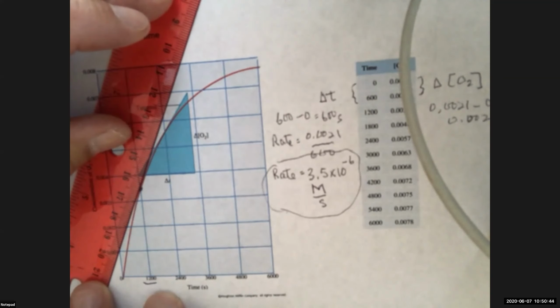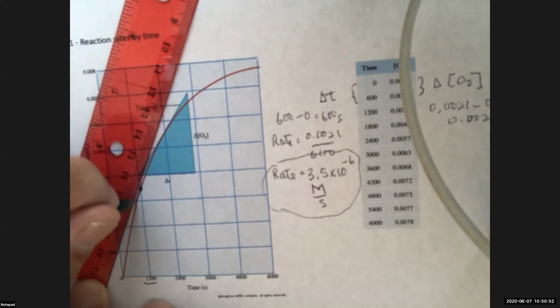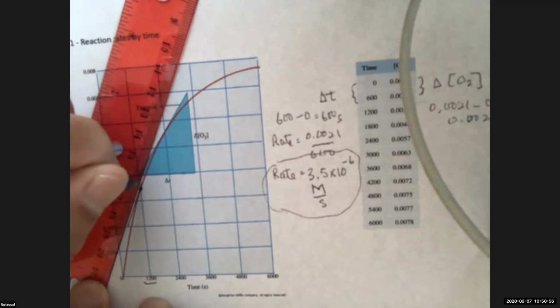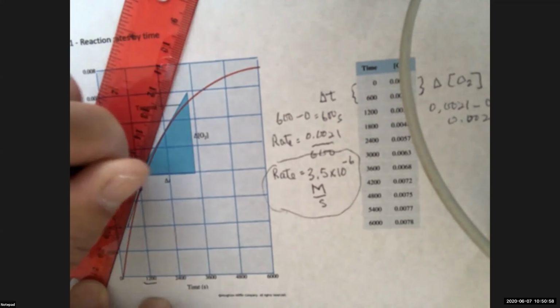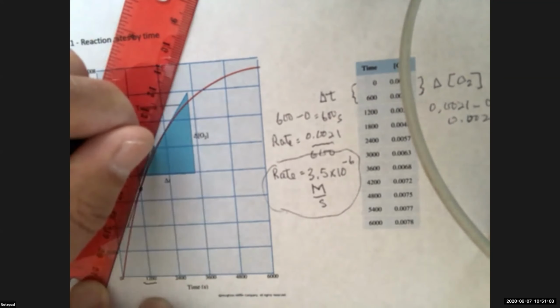So the tangent looks something like that.